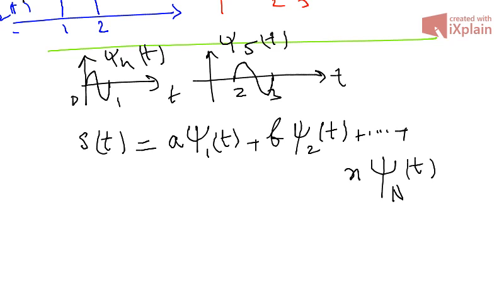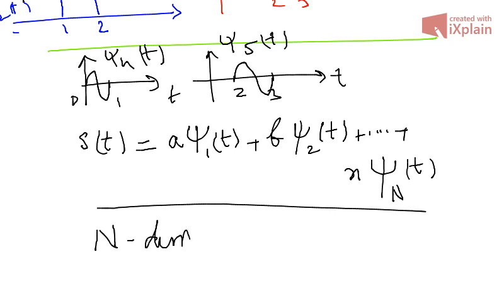Now this is the signal in n-dimensional Euclidean space. This is a signal representation in n-dimensional space.